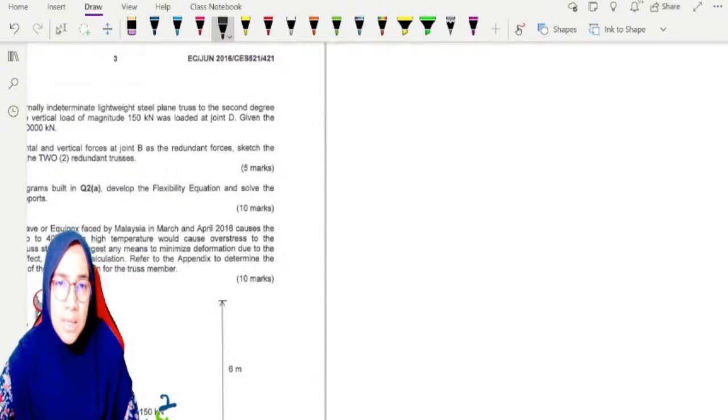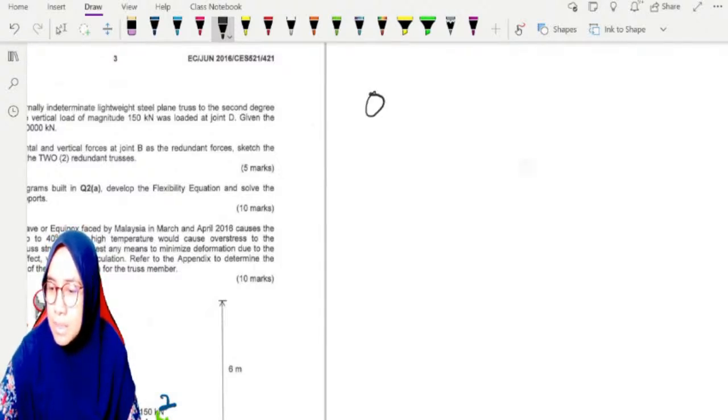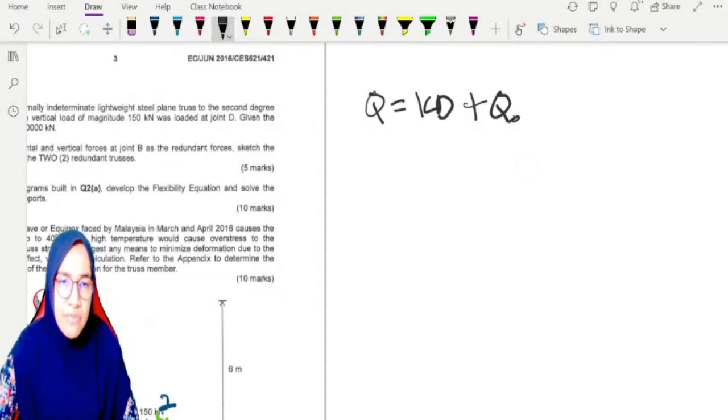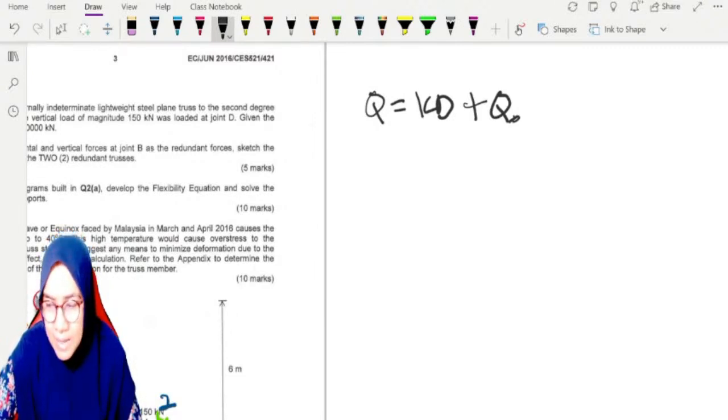Whatever we do is for this stiffness equation: Q is equal to KD plus Q naught. Q naught in truss will occur whenever there is a support settlement effect or fabrication error. Without that, there is no Q naught in truss.